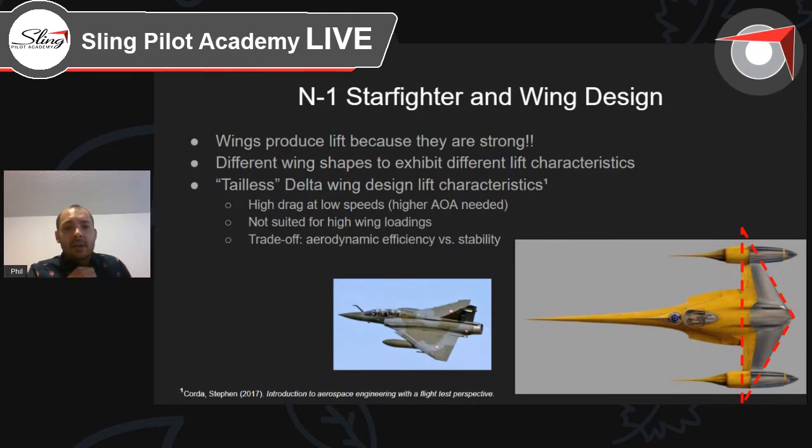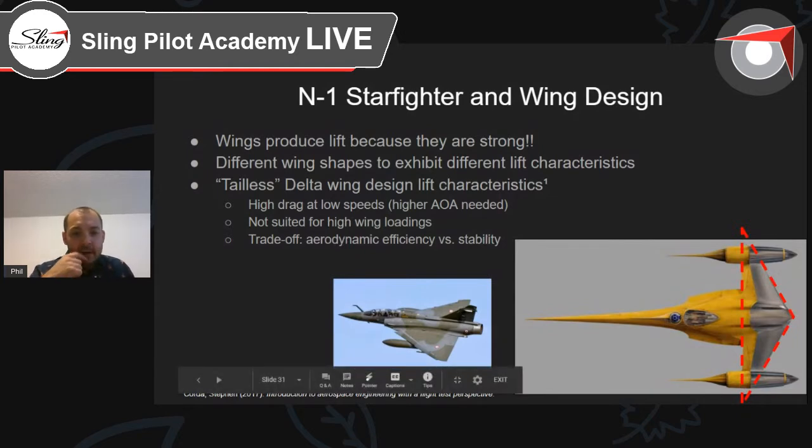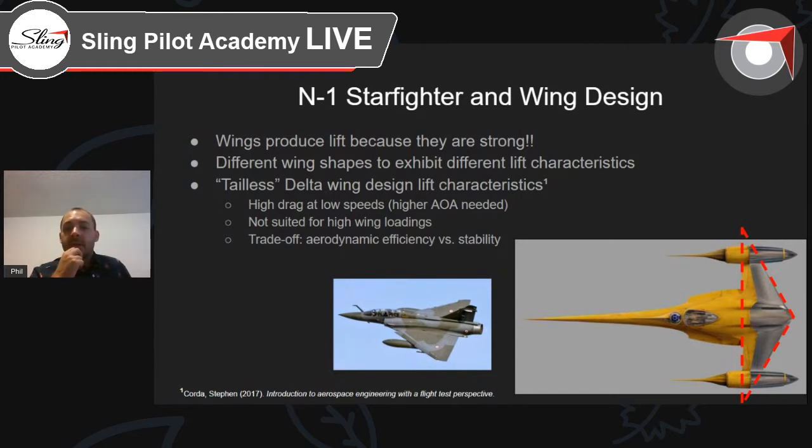We've got some other design characteristics here that I had to look up for myself in this intro to aerospace engineering textbook, as far as the aerodynamic efficiency versus stability trade-off. But this most definitely would produce lift.